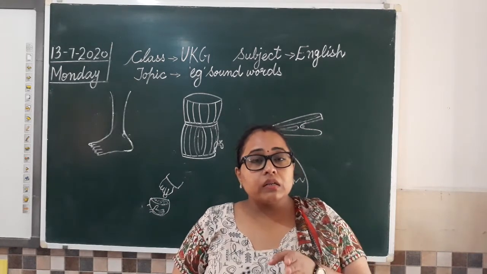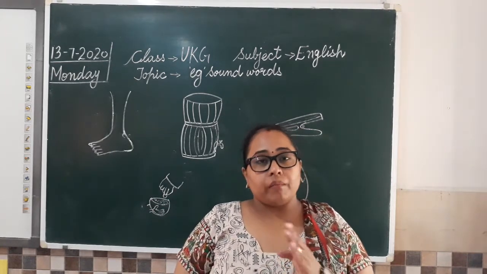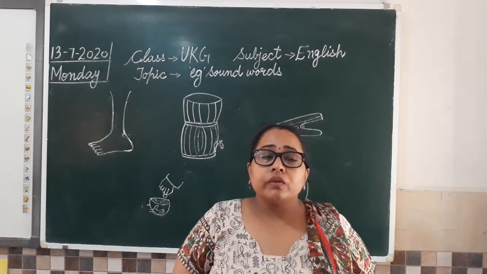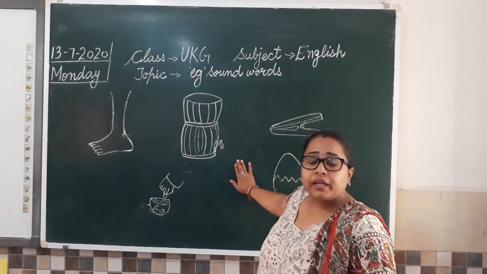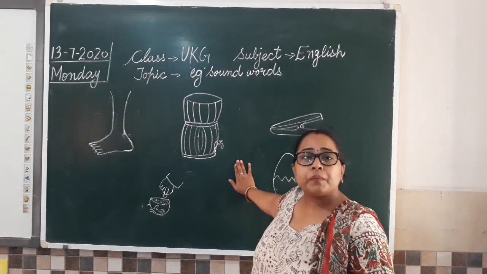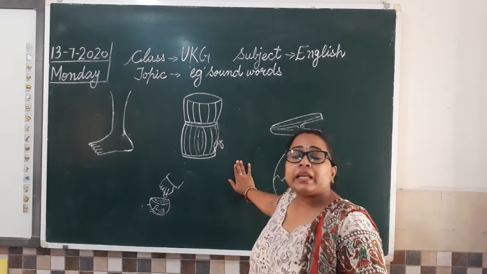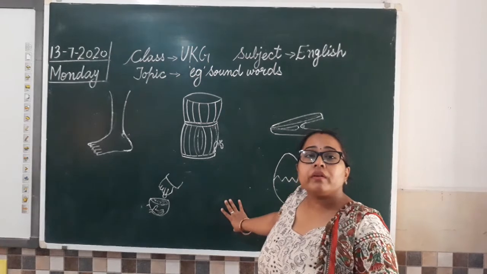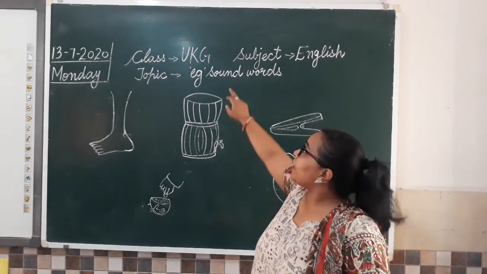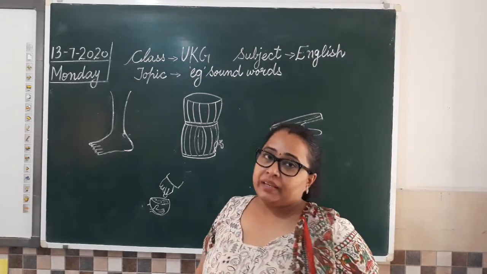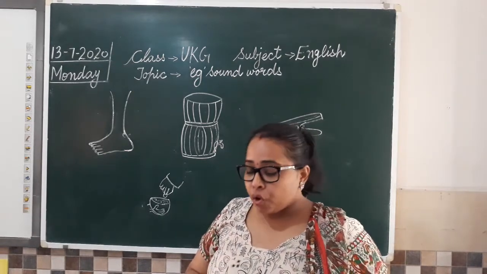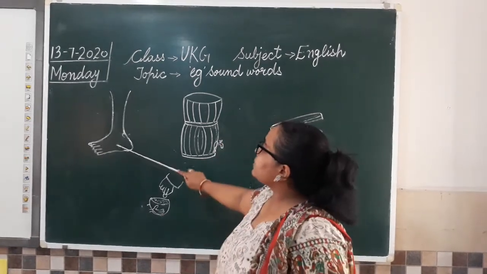Okay. So I have some pictures here, and you are going to identify these pictures. You will be telling me which sound to be written and which sound to be blended with egg sound, and will be making different spellings. Is it clear?